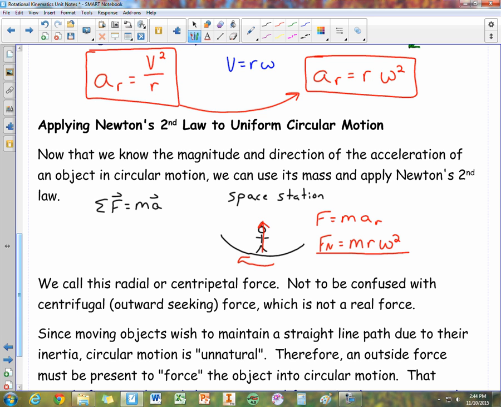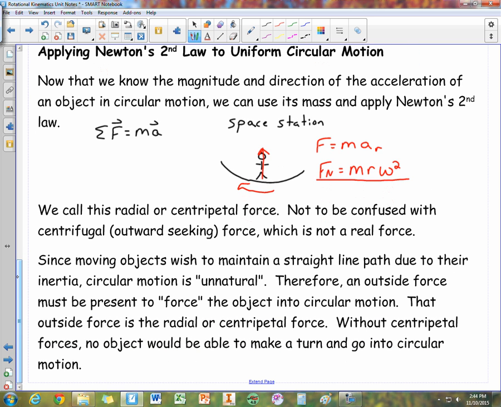And if you could get the normal force to equal how much you would weigh on Earth, well, just think about this. There are two things that affect this. Our mass doesn't change. However, we can change the radius of the space station, and we can change the angular speed of the space station.